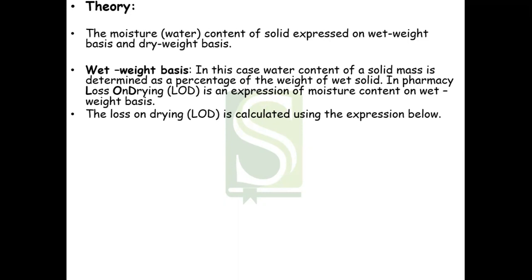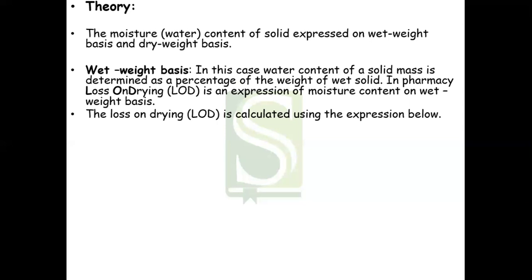Means when you add water to any solid, its weight is going to increase. So that weight of the wet solid is the weight basis. In pharmacy, loss on drying, very commonly called LOD, is an expression of moisture content on weight basis.